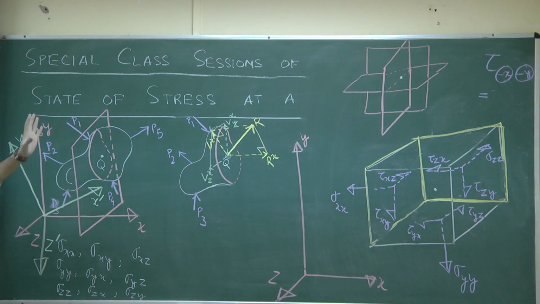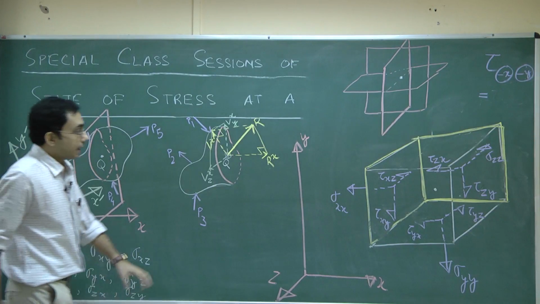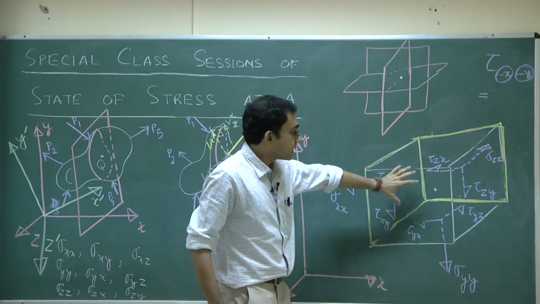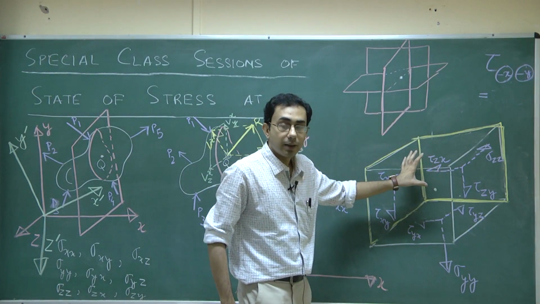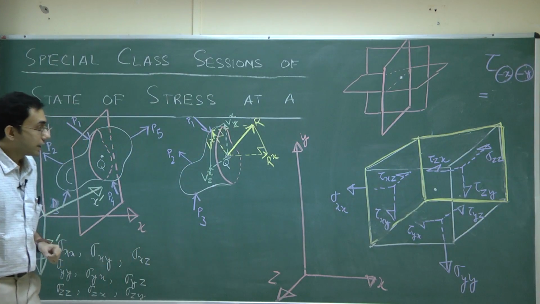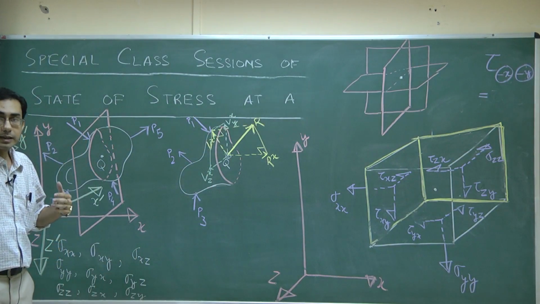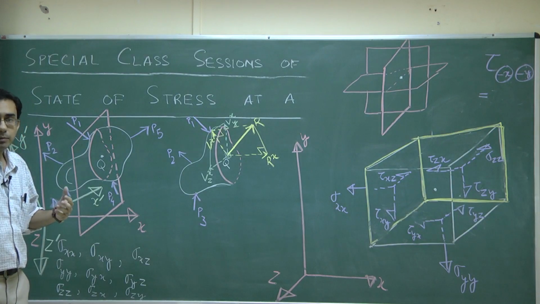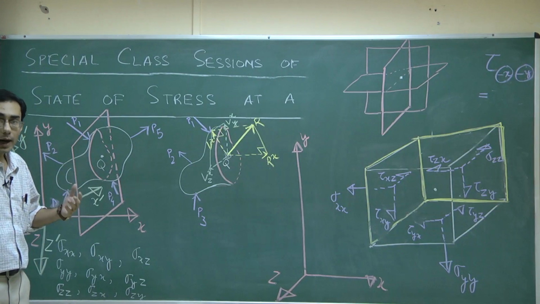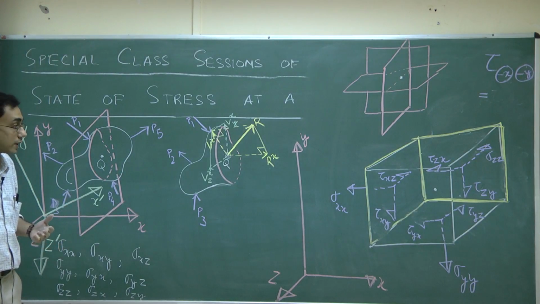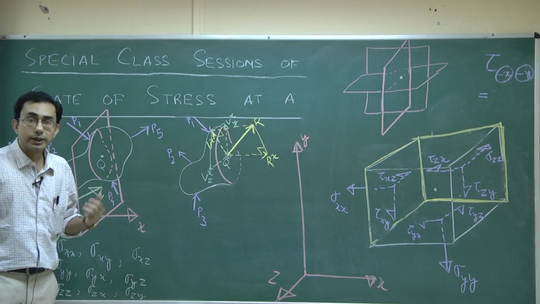At the end of the repetition of that whole story, what I would get is again a cube, not quite like this, but something a little bit tilted. More importantly, what I would obtain is a set of stress components written like sigma x dash, sigma y dash, sigma z dash, and so on. The question is, in general, would they be equal?